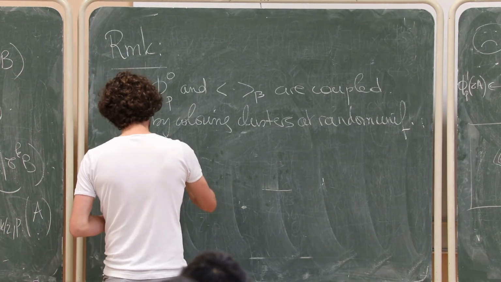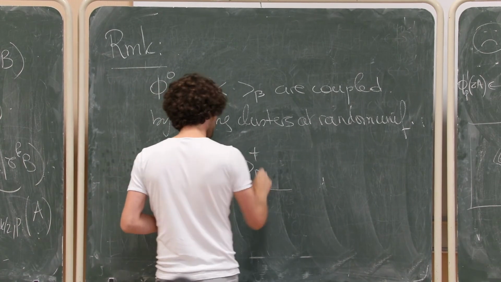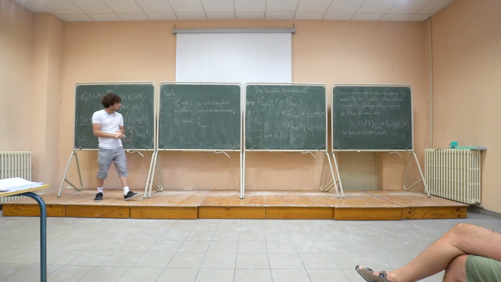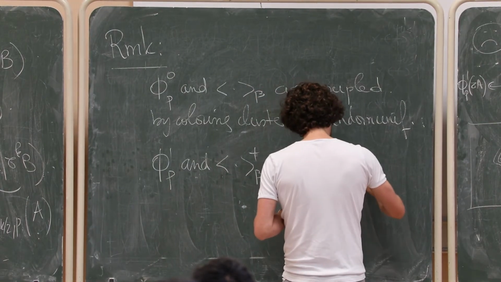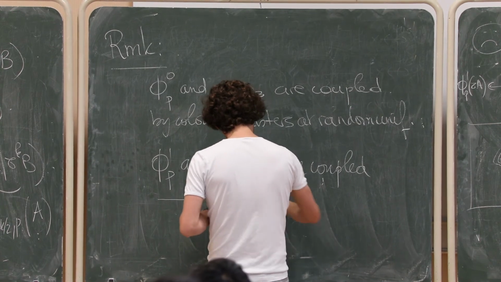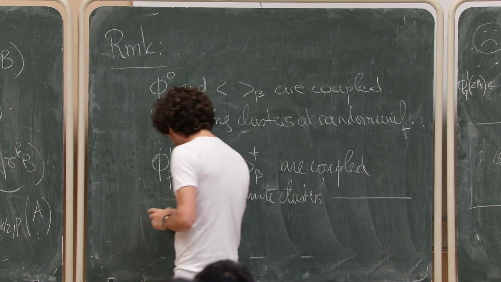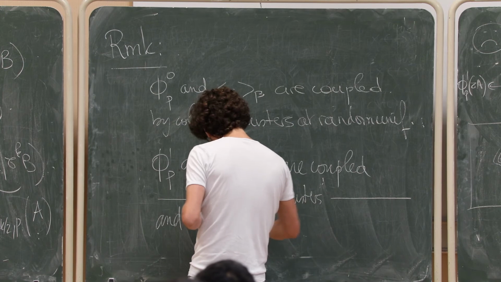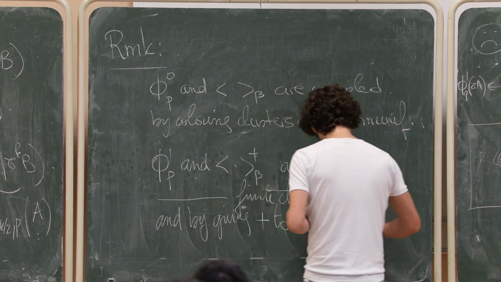Now phi 1 p and these states are coupled in a fairly intuitive way, but I really want to state it, which is: they are coupled by coloring any finite cluster at random uniformly, and by giving plus to all infinite clusters.